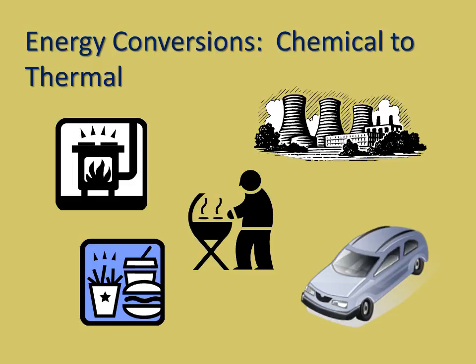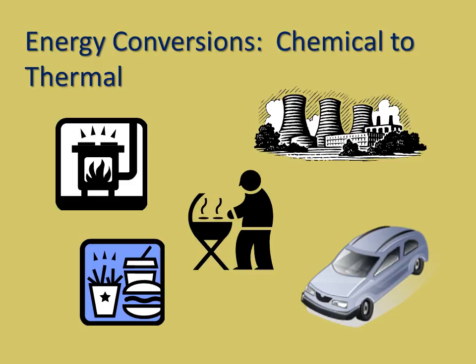Here we are entering the heating season here in Vermont, and we'll soon be burning chemical energy in the form of wood in wood stoves, or oil or propane in a furnace. And that's the direct conversion of a chemical form of energy to a thermal form of energy, which allows us to stay warm during the cold winter months. In the center, we see someone cooking on a grill.